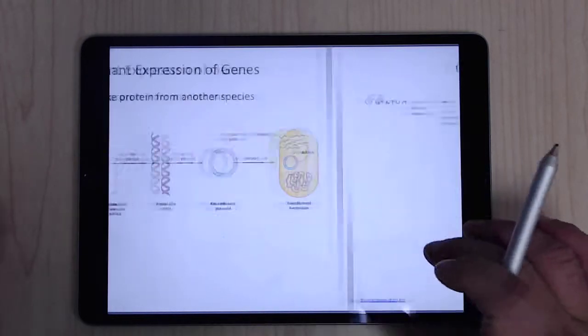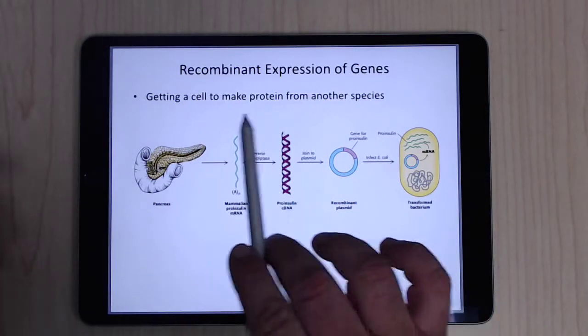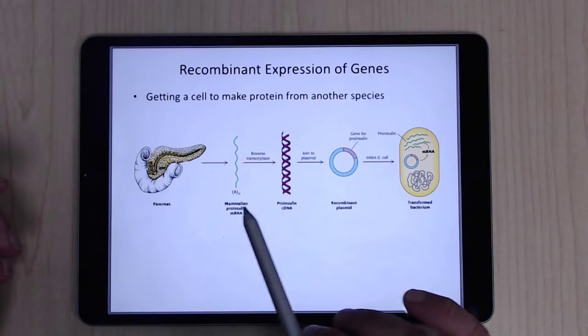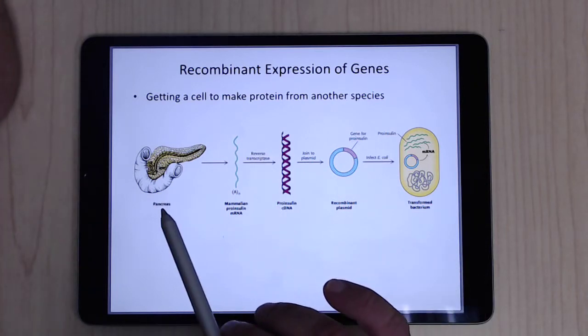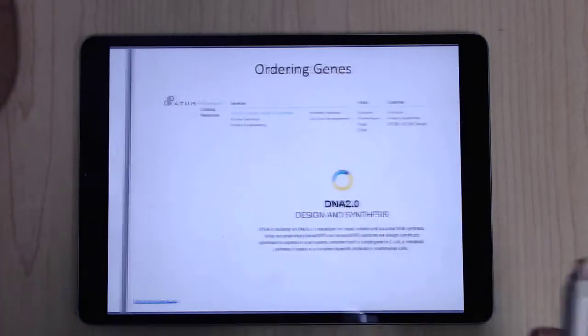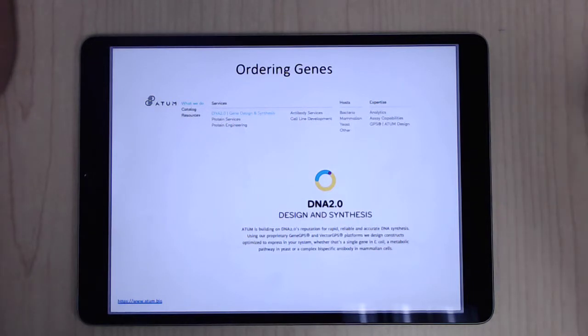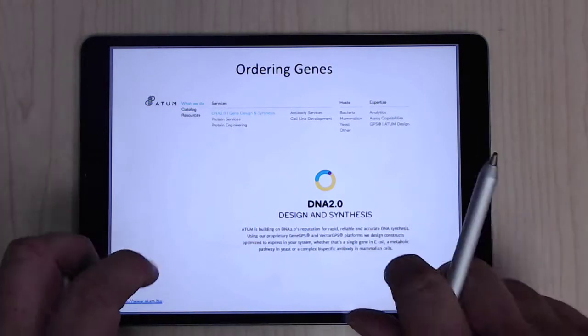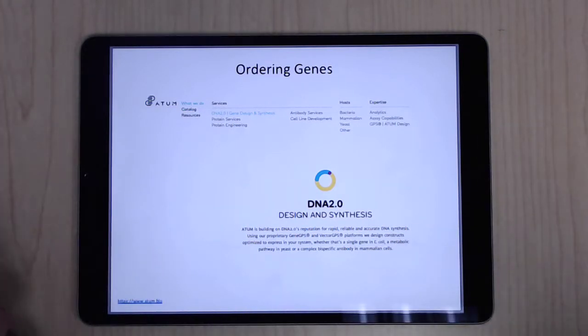So now this is becoming less and less likely, because DNA synthesis has gotten so inexpensive and easy to do that you can actually just get a gene synthesized from scratch.